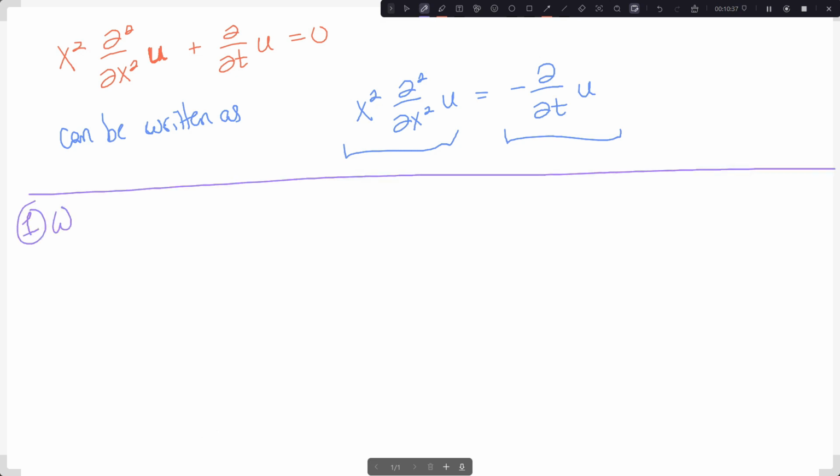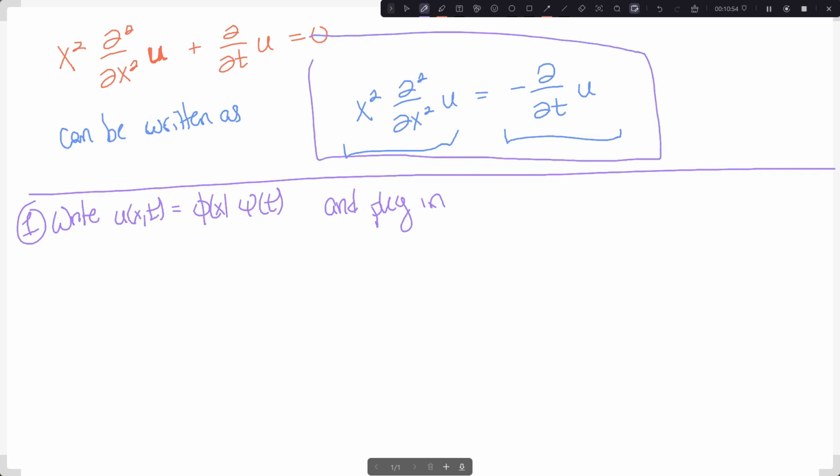And so let's talk about maybe a step-by-step. Step 1, write u of x, t equals phi of x psi of t, and plug in. Let's plug it into this simplified version. If we do that, we get x squared, two derivatives in the x variable, psi of t, and then I have negative one derivative in the t variable, psi prime of t.